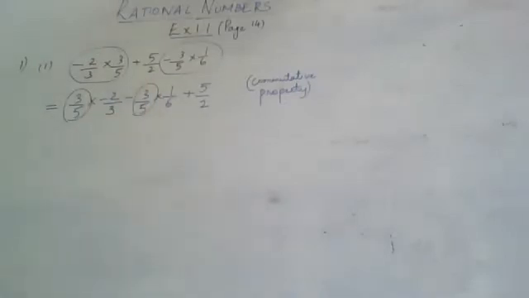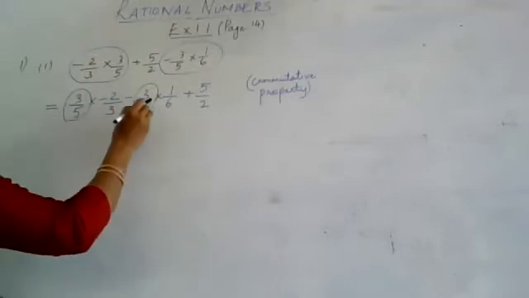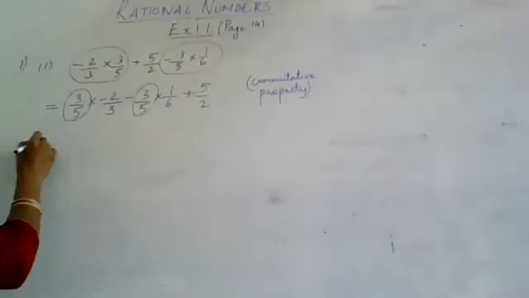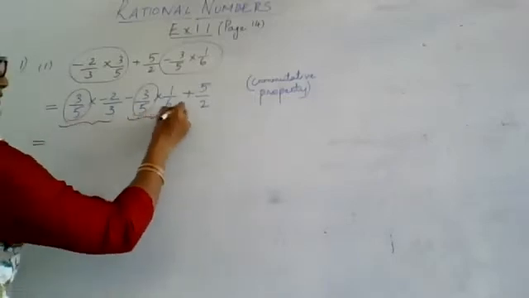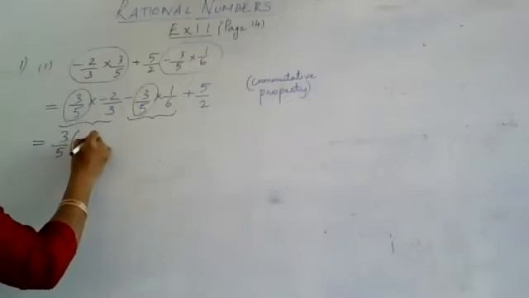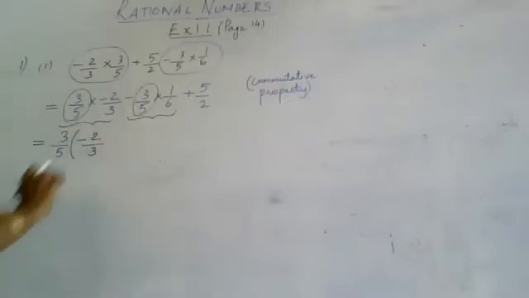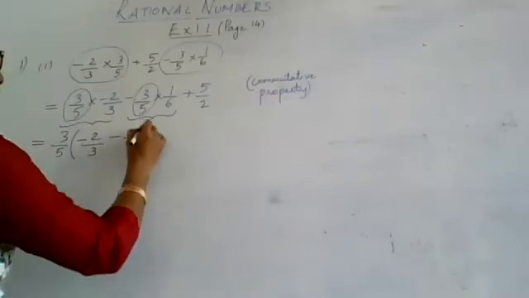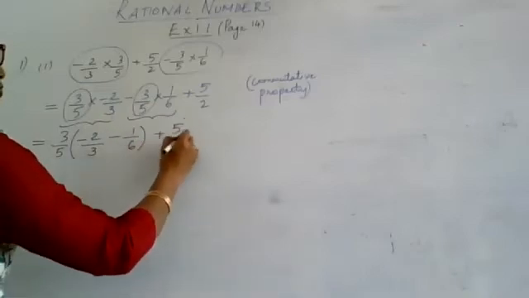So I will see this as a distribution of multiplication over addition or subtraction. So I will try to remove the 3 by 5 from both these terms. This is term 1, this is term 2. So 3 by 5 when I remove from here, what I am getting is negative 2 by 3. And from here when I remove, again 3 by 5, I have negative 1 by 6 plus 5 by 2.